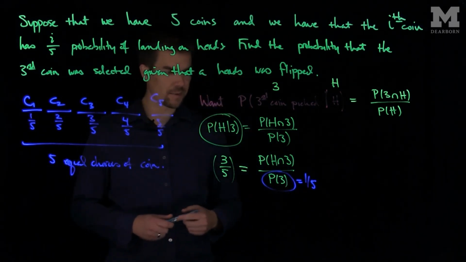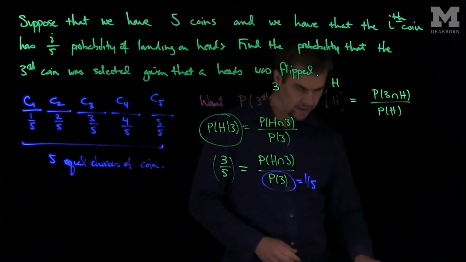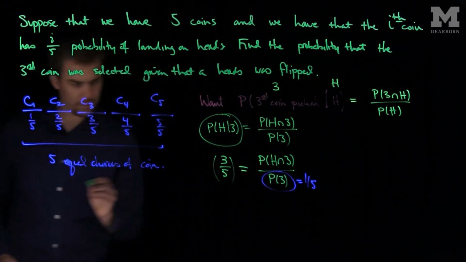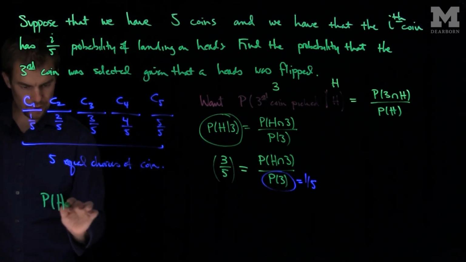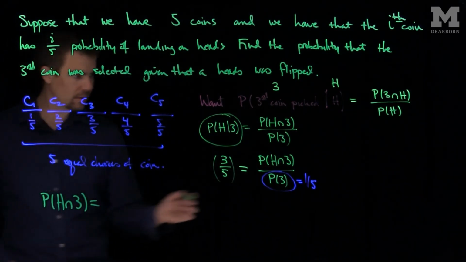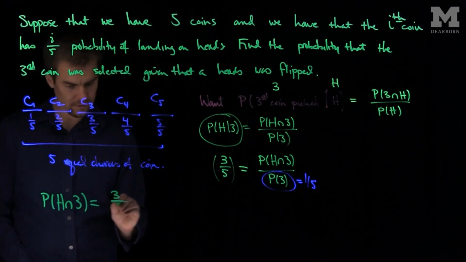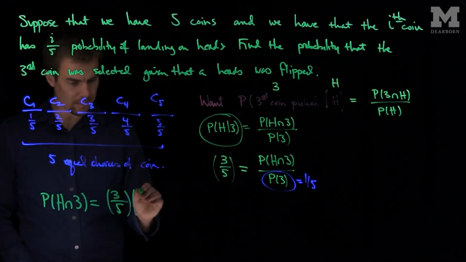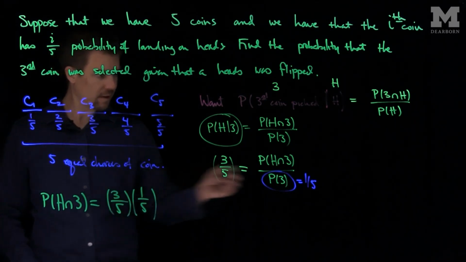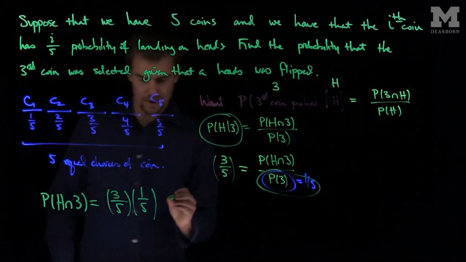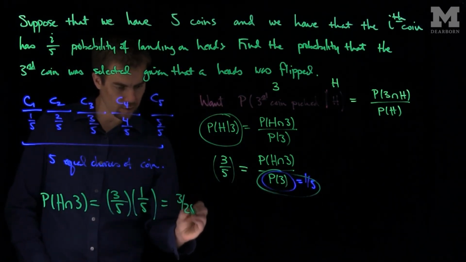If I multiply both sides by 1/5, we can conclude that the probability of H and 3 will be 3/5 times 1/5, and so we get a total of 3 over 25.